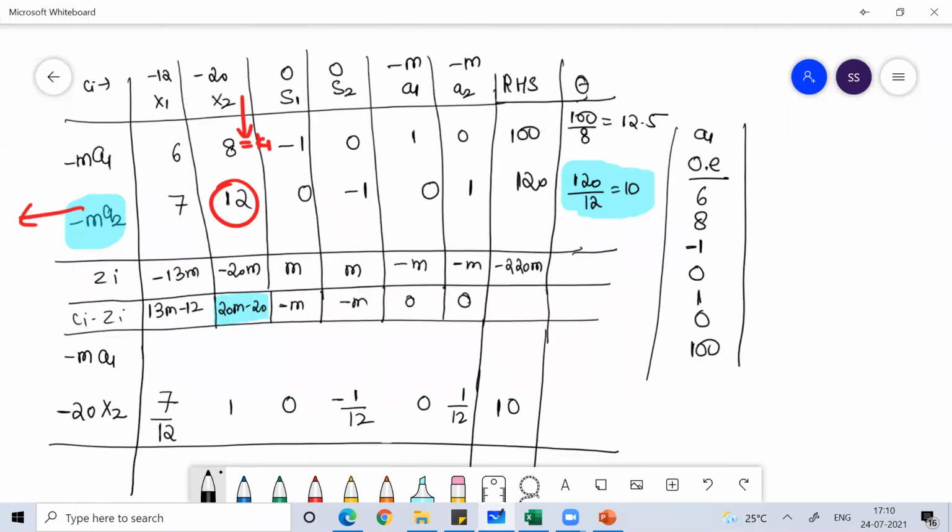So this is the old element of A1, and then the new elements of X2: 7 by 12, then 1, then 0, minus 1 by 12, 0, 1 by 12, and 10.